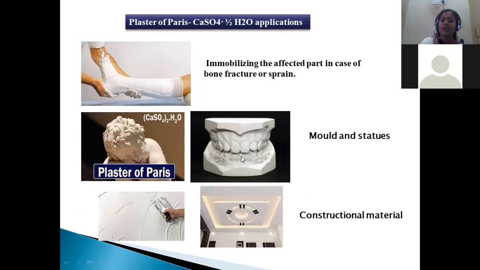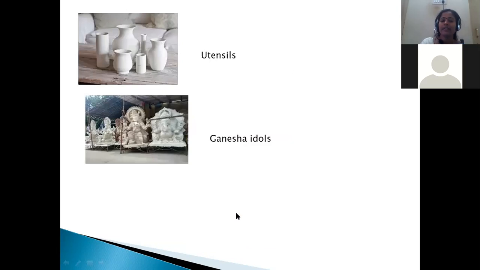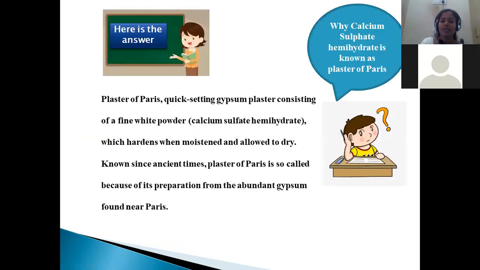It is used to provide smooth finishing of constructional buildings, to avoid scratches, and waterproof tendency is also provided. The roof ceiling is also constructed using plaster of Paris, where it gives insulation from the heat. Some utensils and Ganesh idols are also manufactured from plaster of Paris.